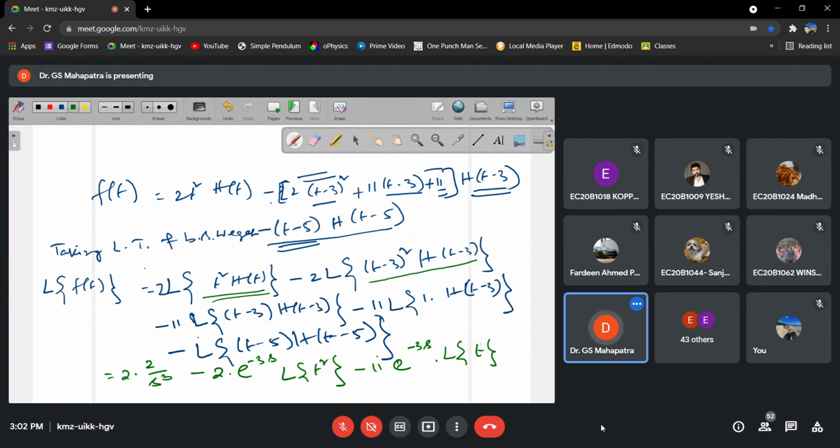For the second, for this one, correct? No square is there, so only t. The final one, no, second last. What is that one?